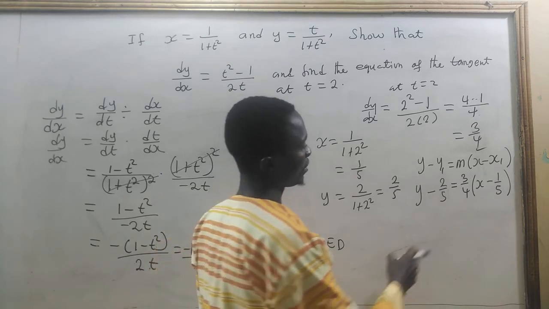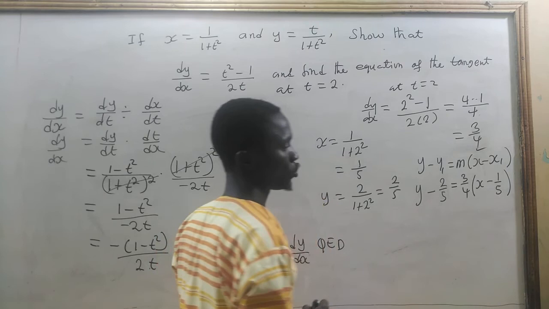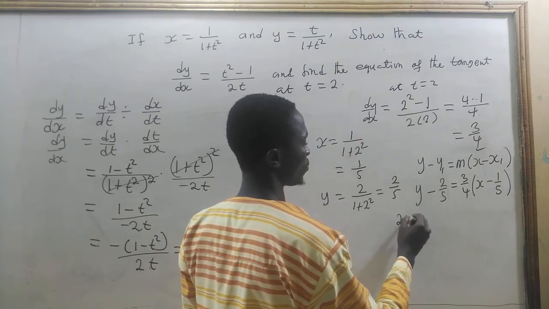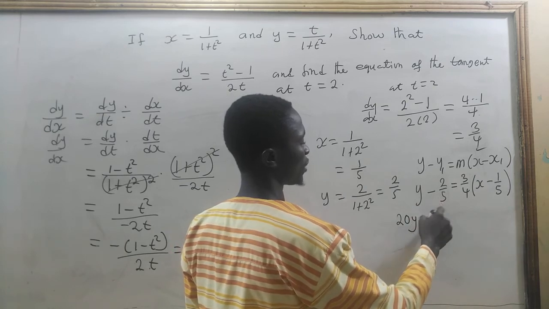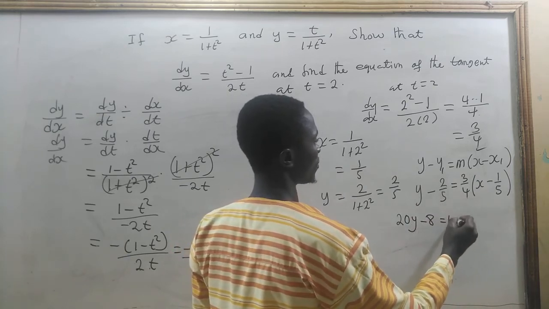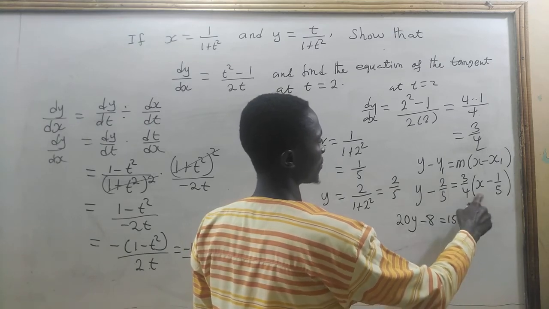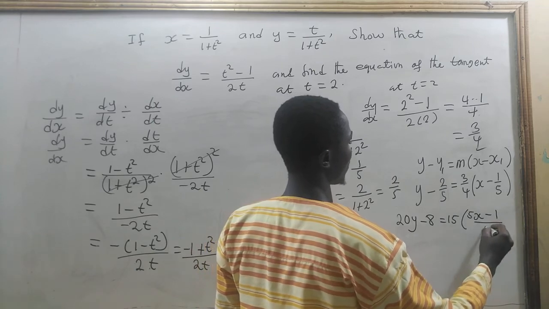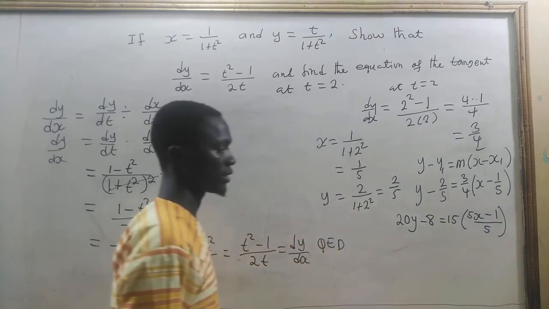Okay, so here we have the LCM to be 20. So we multiply y by 20, you get 20y. Multiply this by 20, we have minus 8. Multiply this by 20, we are going to have 15, and this one you simplify to become 5x minus 1 divided by 5. Very simple as that.